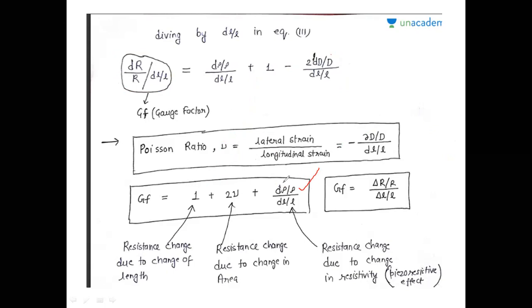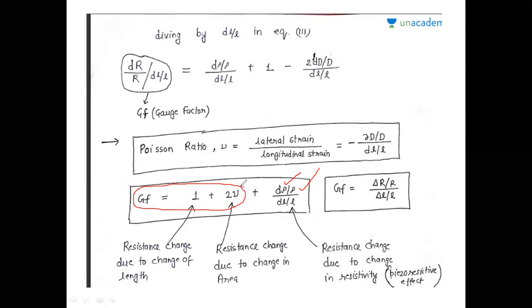Since resistivity of the material doesn't change, actually, dou rho becomes 0. 0 by rho becomes 0. Now gauge factor equals 1 plus 2V.